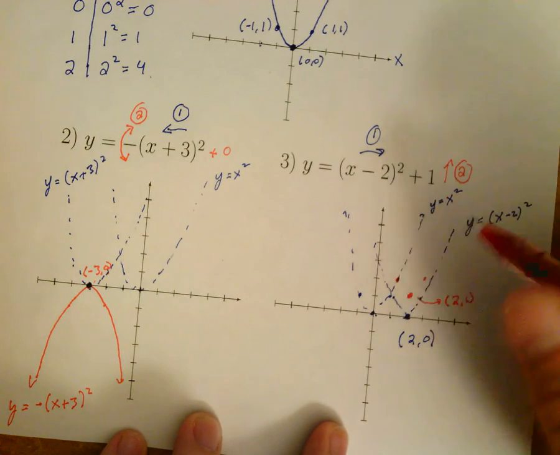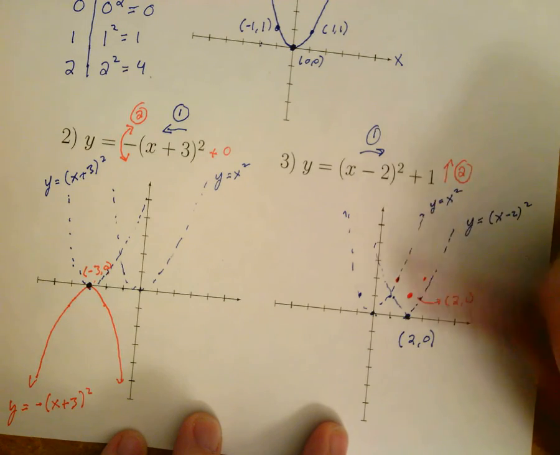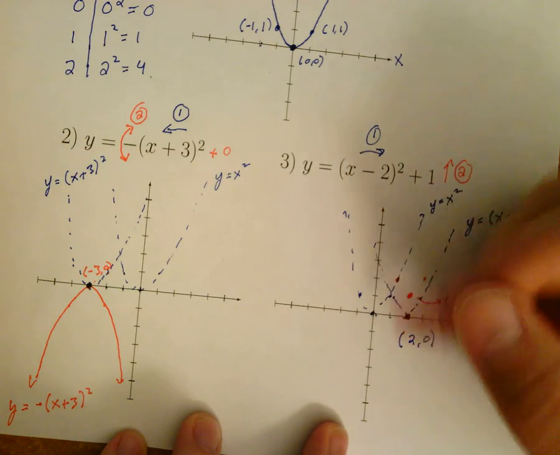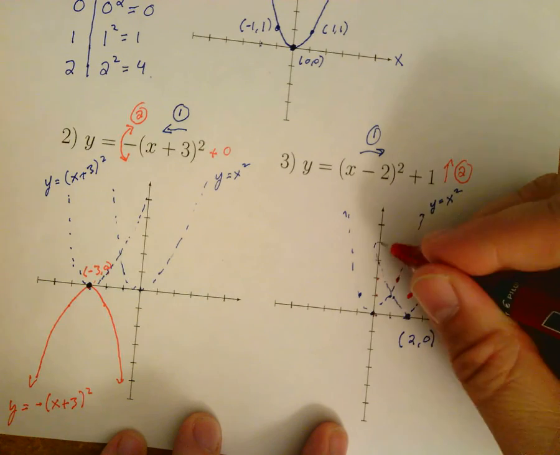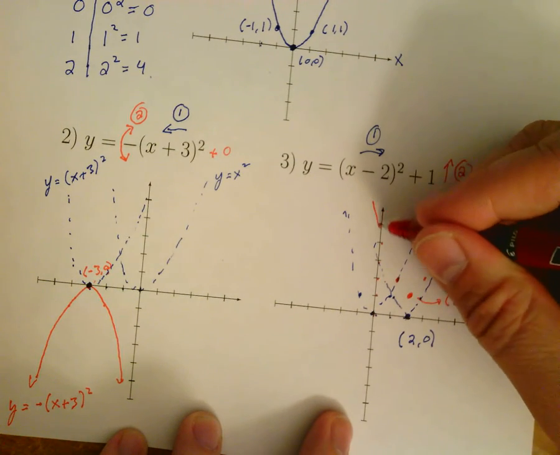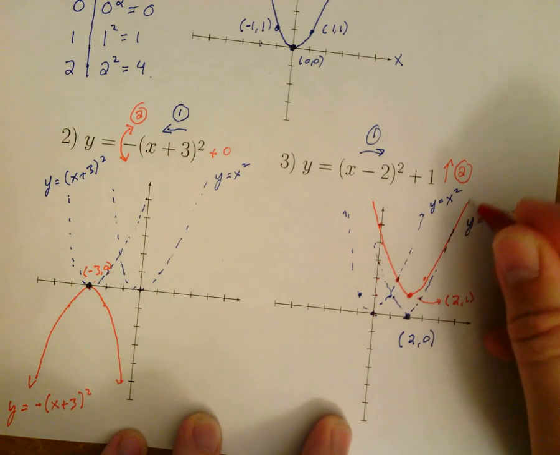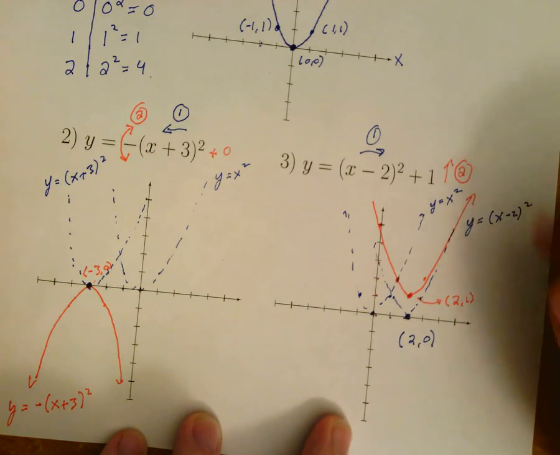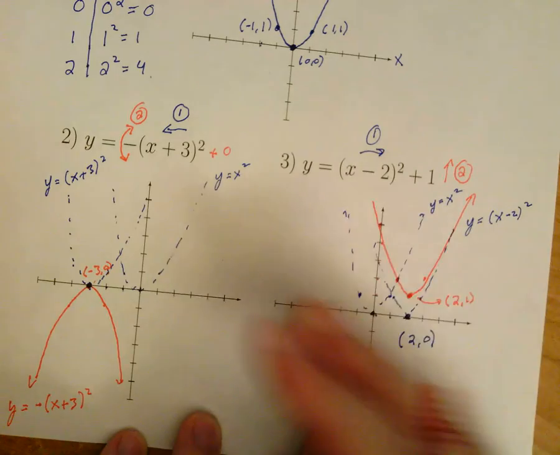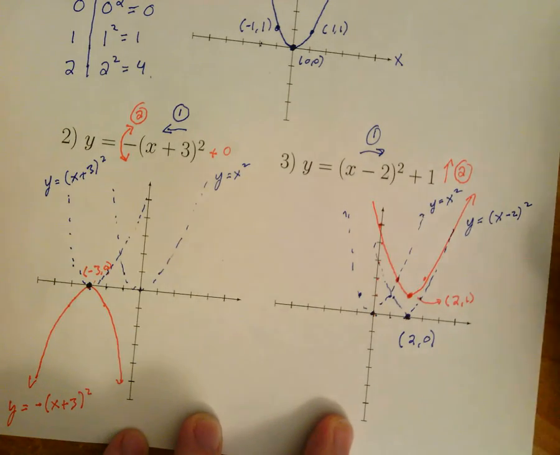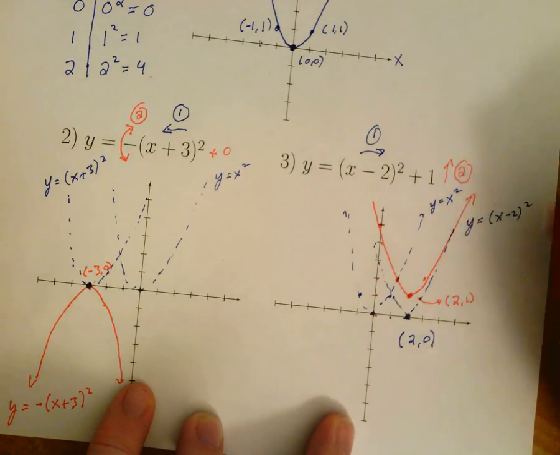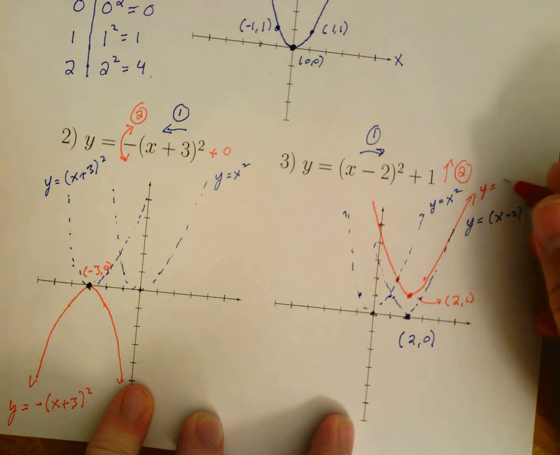If I put in 0, I should get 5: 1, 2, 3, 4, 5. So the graph is going to look something like this. It's going to come up by symmetry. The one that I have in red is the actual correct answer. So I just shifted it to the right 2 units, and then I shifted it up. And again, most students can do that in 1 step. So the red here is going to be y equals x minus 2 quantity squared plus 1.